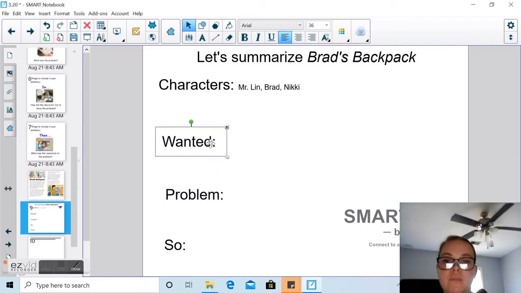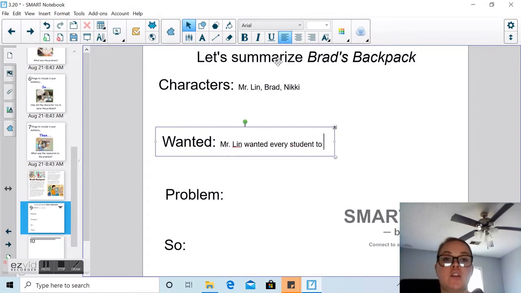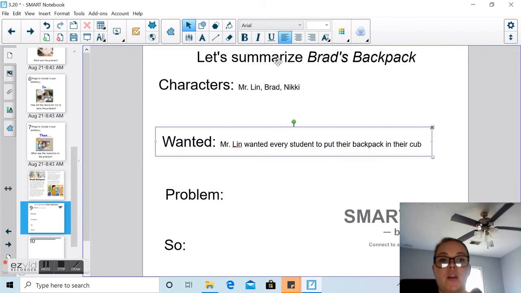Alright, then we want to look at what happened in the story. What was it that they wanted? Well, Mr. Lin wanted every student to put their backpacks in their cubby.